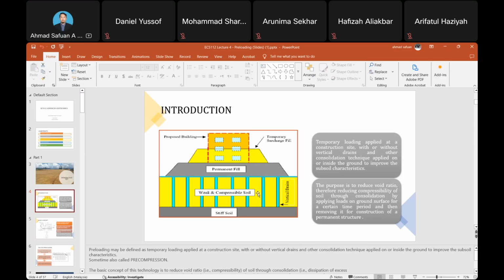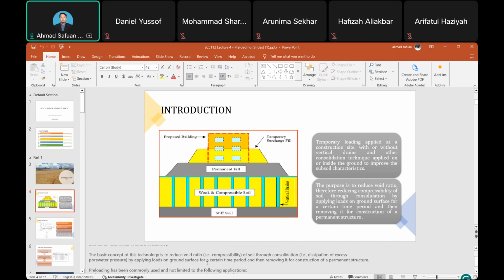So preloading may be defined as temporary loading applied at the construction site with or without vertical drains and other techniques applied on or inside the ground to improve the subsoil characteristics against precompression.